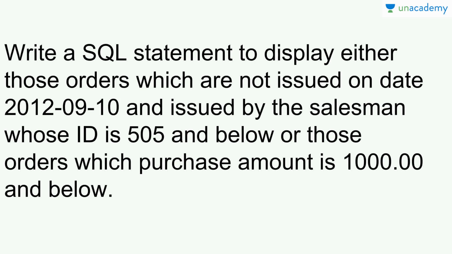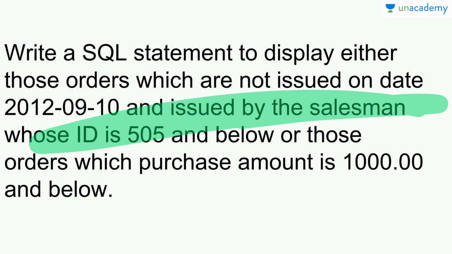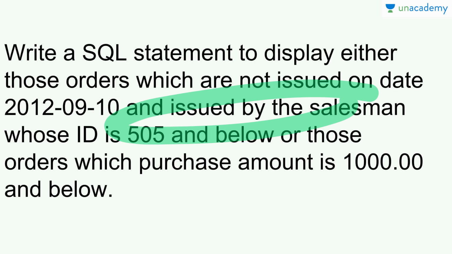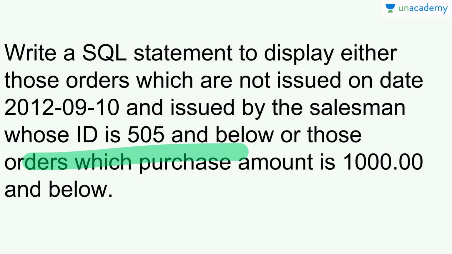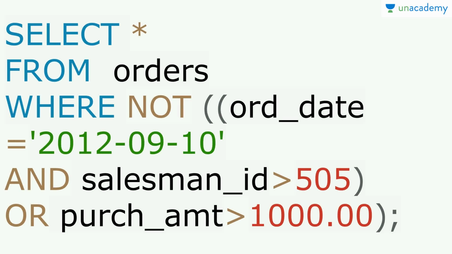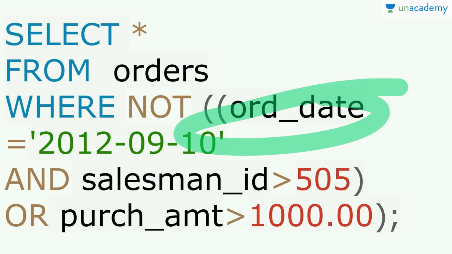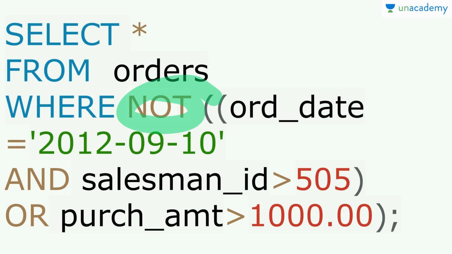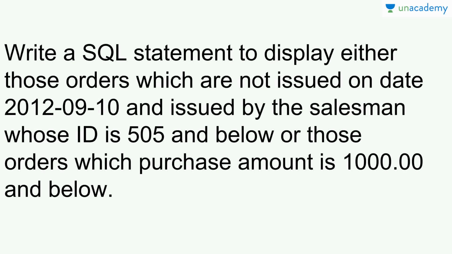So we have to write a SQL statement to display those orders which are not issued on this date, and salesman ID should be 500 or below it. Salesman ID should be this or below it, or those orders whose purchase amount is this and below. So we have to ensure that order date should not be this, so we are applying not. So order date should not be this and salesman ID should be 500 or below.